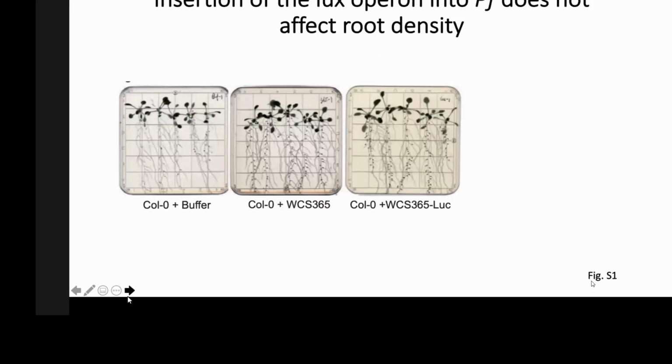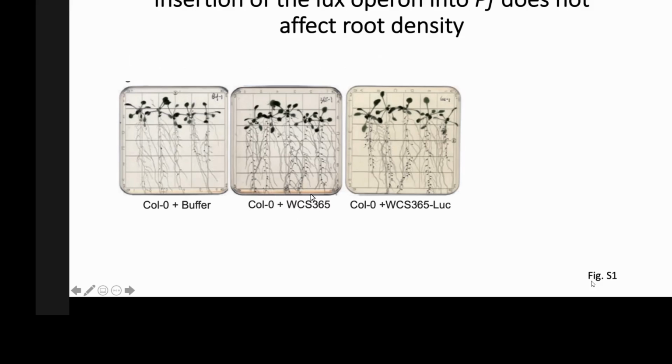Okay, so just as a test for their system and to make sure that the lux operon was not affecting root density, they looked at that. So here's wild type with buffer, and then here's wild type with WCS365.